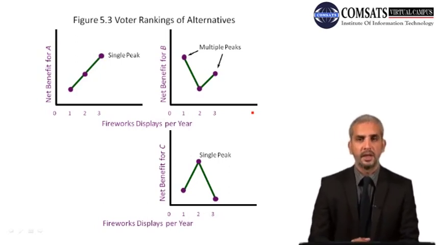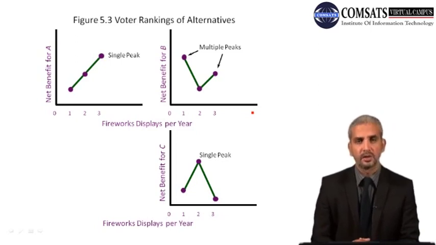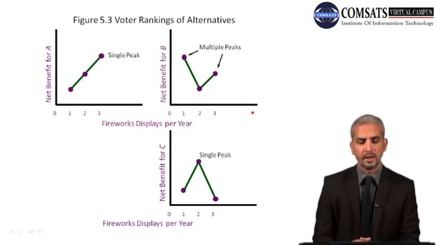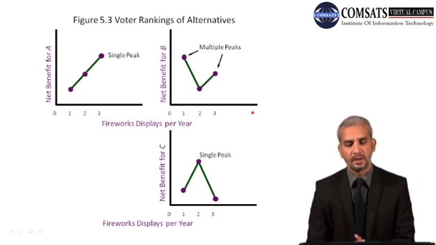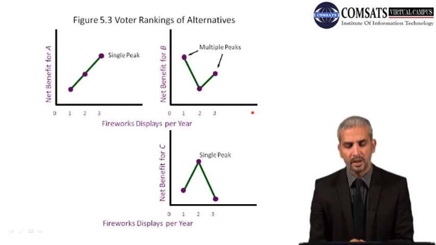His first choice was 3 fireworks, his second choice was 2 fireworks, and his last choice was 1 firework. So that represents a downward sloping curve. In terms of 1 firework, that was his last choice, and he's much better off for his first preference, that is 3.